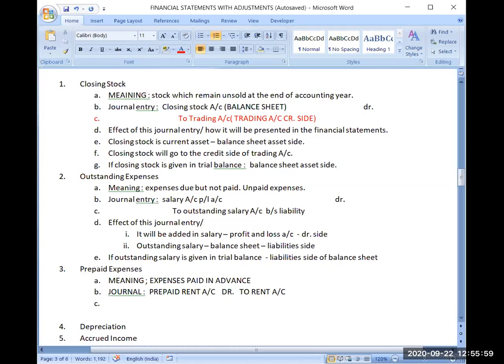Now, what type of account is rent? Yes, it is a nominal account, and because I am paying rent, it is my expense.